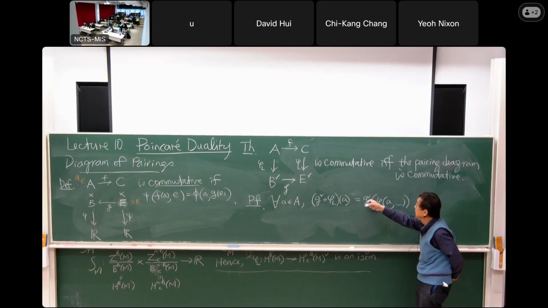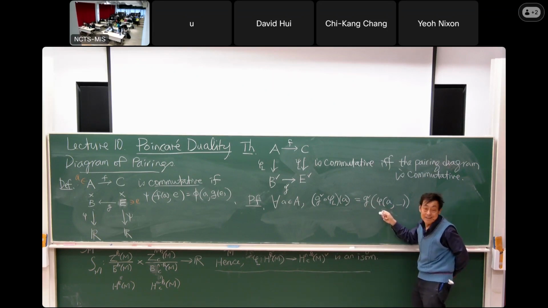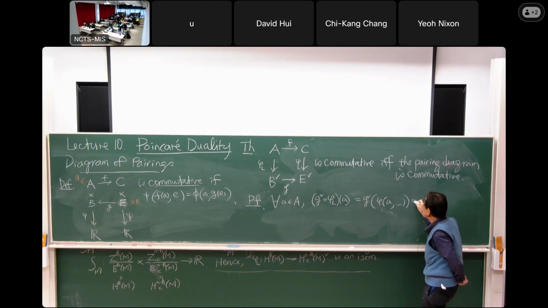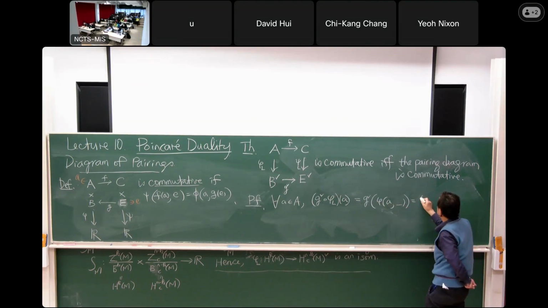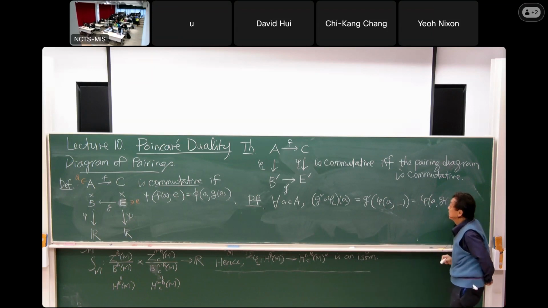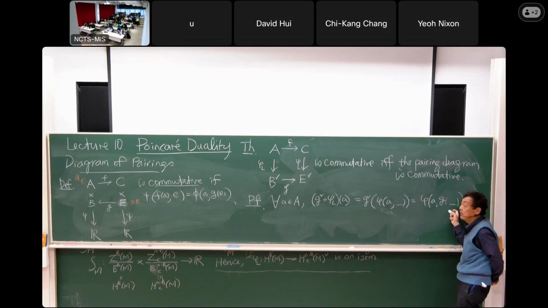And then the dual map is simply the composition. So it means that you first apply g to the argument, and then you apply this linear map. So that's going one way.